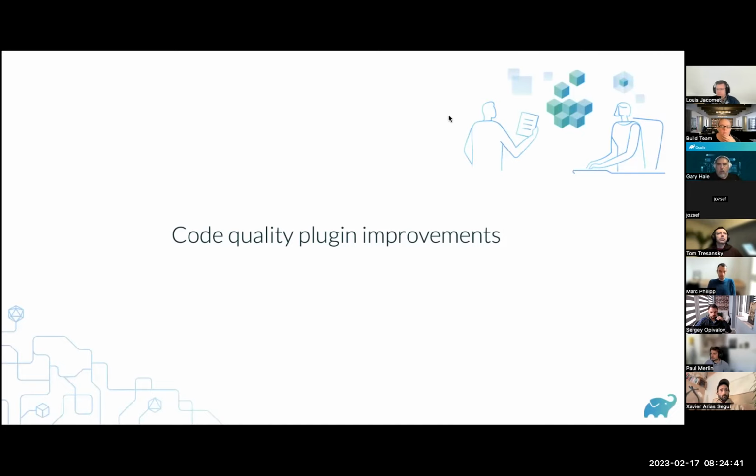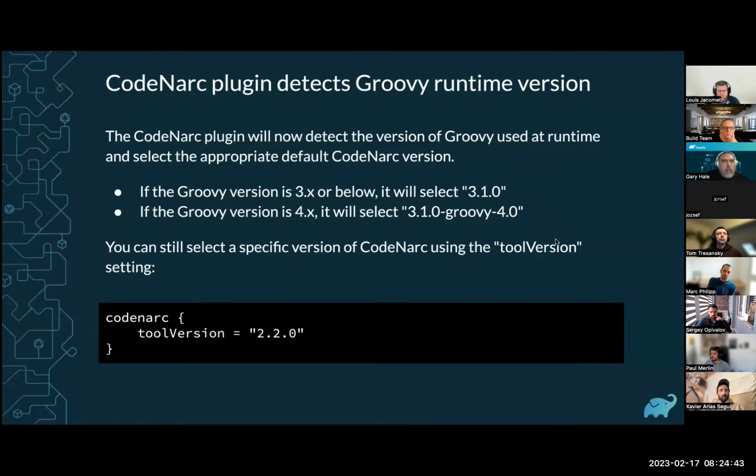So the first thing that we did here is that the CodeNarc plugin now detects the Groovy runtime version. So the idea is that if you're just using the default CodeNarc version, it will detect whether the runtime version of Groovy is 3.x, and if so, it'll use the 3.1.0 version.